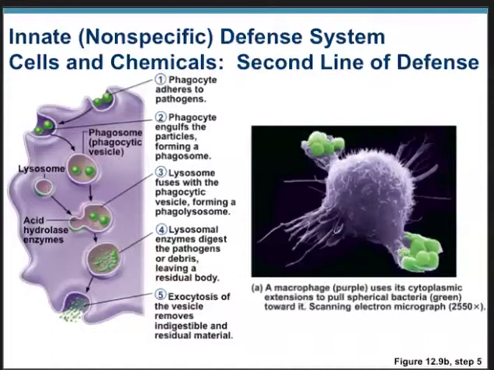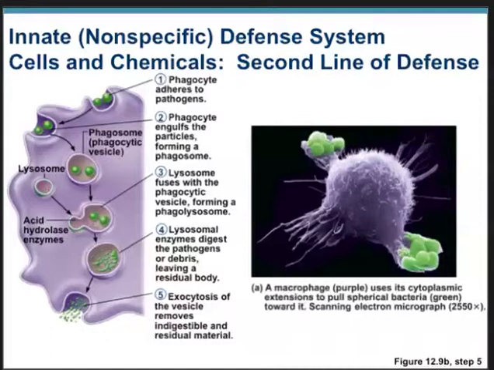What they do is engulf foreign material into a vacuole, and then lysosomes, which are cellular organelles that contain powerful proteolytic enzymes, will fuse with this vacuole that contains the pathogen and chop it into tiny bits.